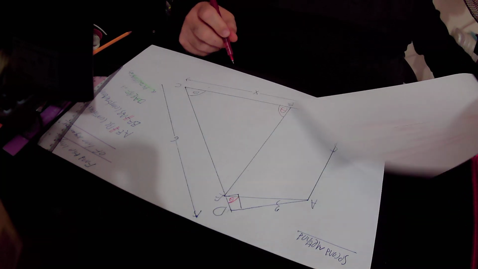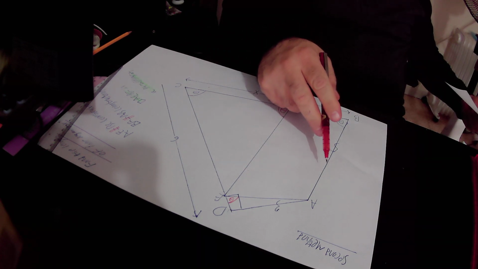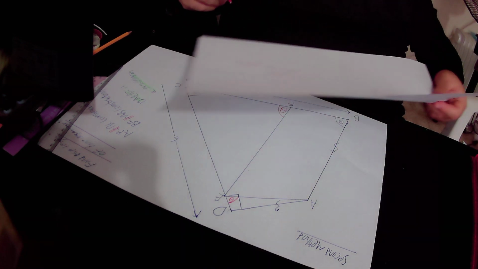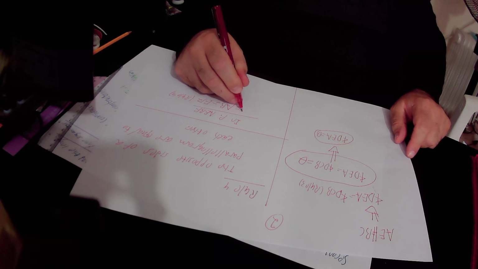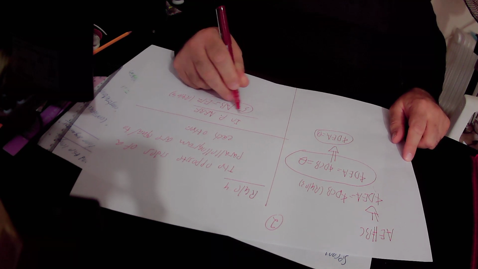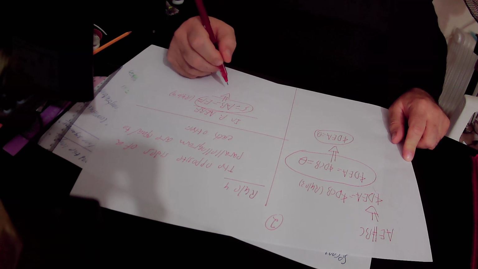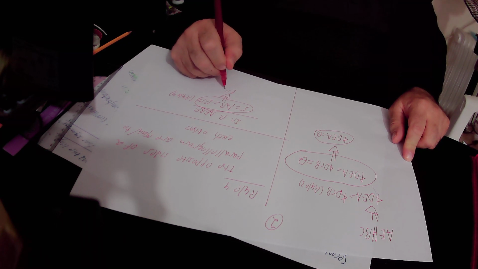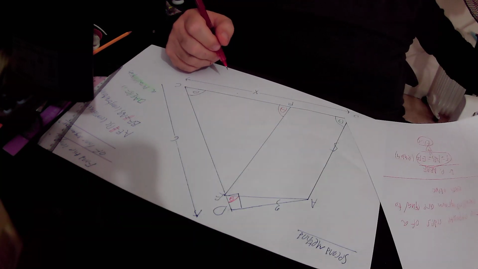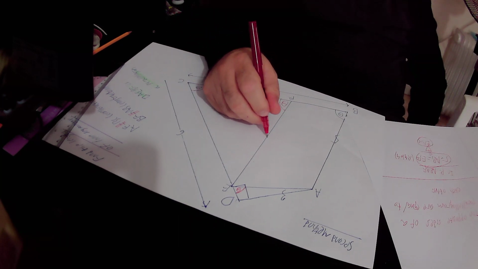Okay? But it is given in the question that AB equals 5 units. From this equation, 5 equals AB equals EF, we will derive that EF is also equal to 5 units.